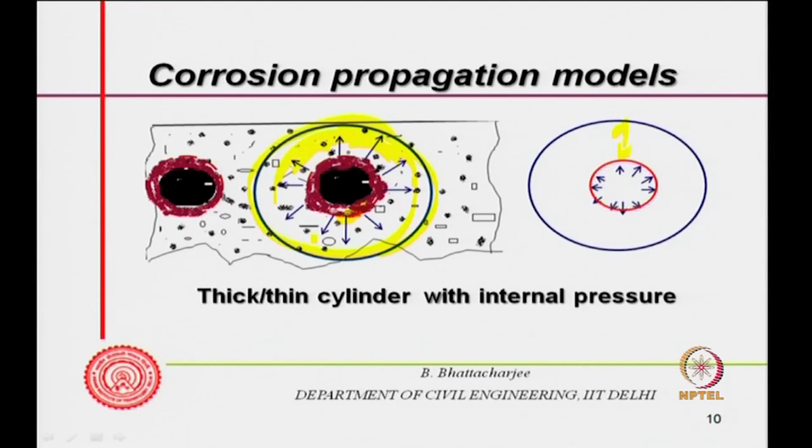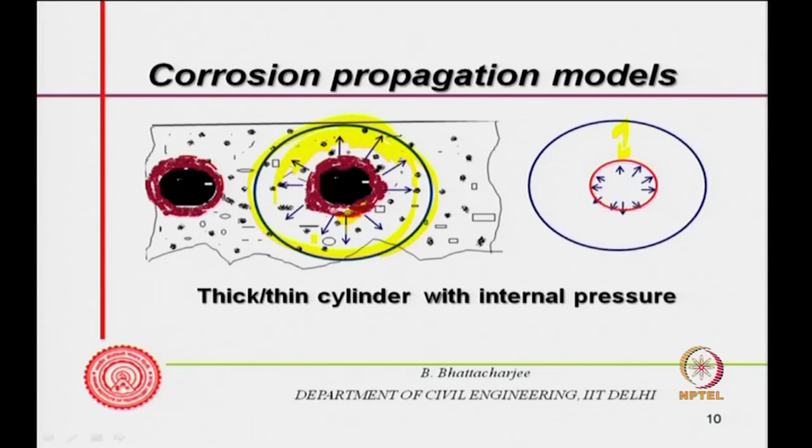Also the properties of the rust product, their modulus of elasticity, and what kind of problem you take, plane strain problem, whether you take uniform pressure in the surrounding system or uniform strain in the deformation becomes very difficult. So there are complexities involved in this modeling.